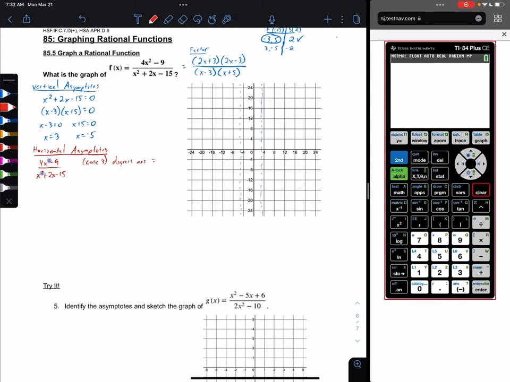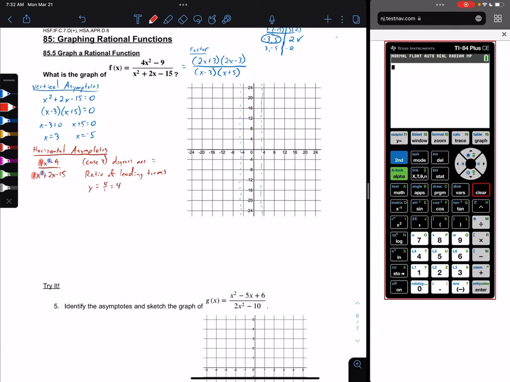That means the horizontal asymptote is the ratio of the leading terms. So y would be equal to, in this case, my leading coefficients are 4 and 1. So we'd have 4 over 1, which is 4.